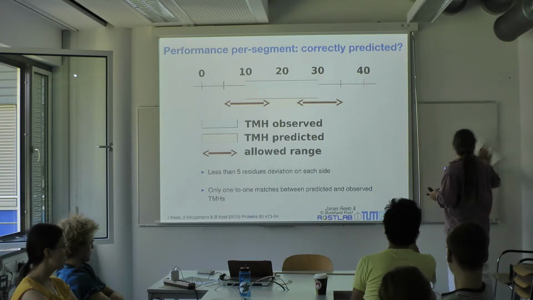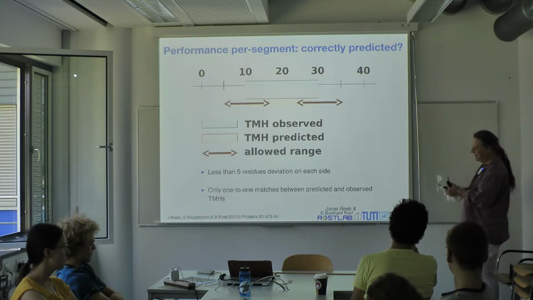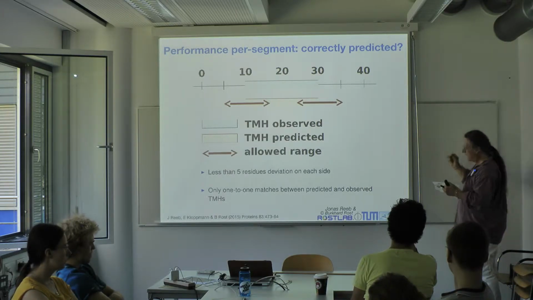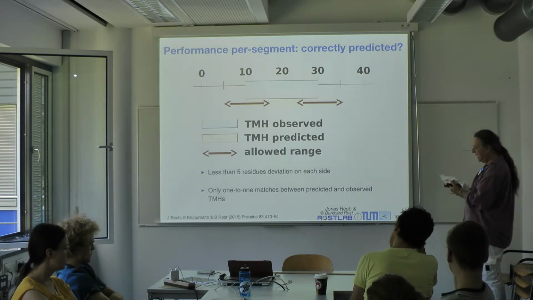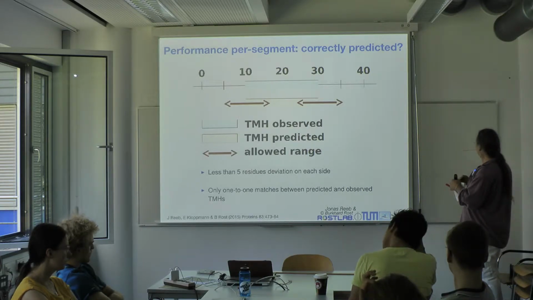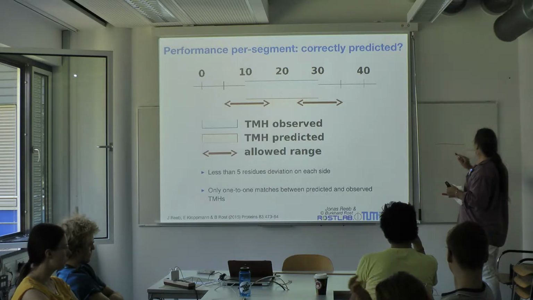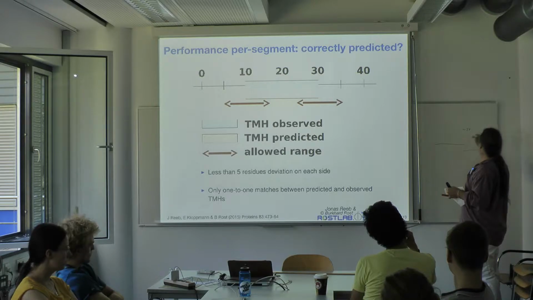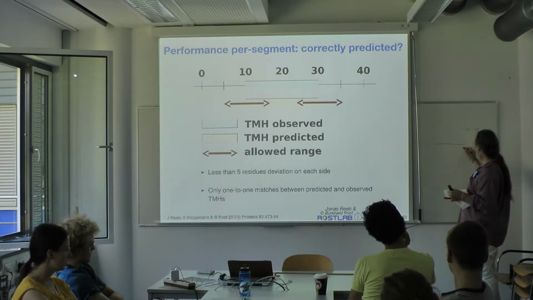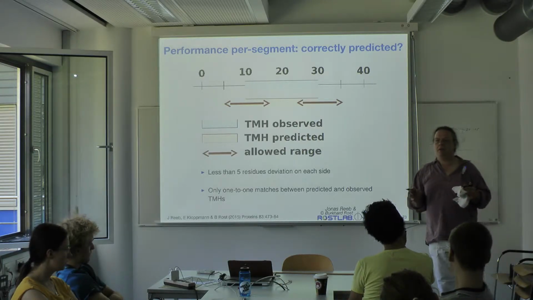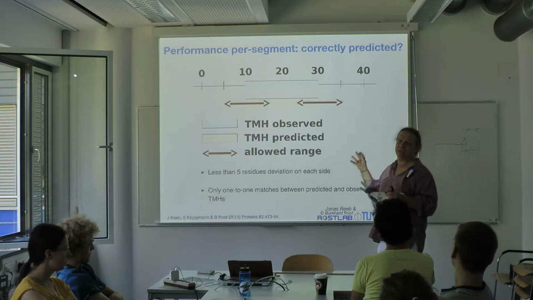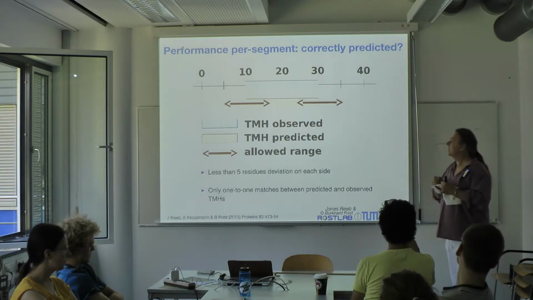What people have done in the past, and they had reasons for that, is they argued I match the helix correctly if, again, helices are in my universe about 20 to 25 residues long, so if they have 3 residue overlap, I call it correct. And I count every single helix only once. This is the way it has historically been done.